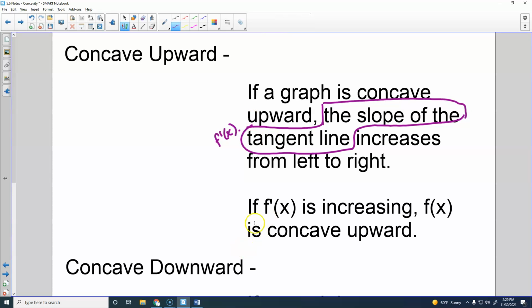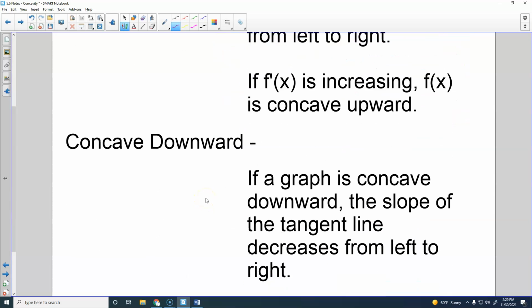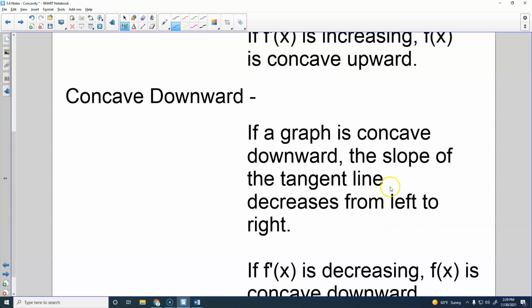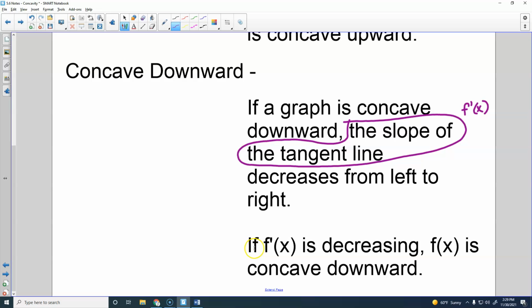So if f prime of x is increasing, then we know that f of x is concave upward. The opposite is true for concave downward. If the graph is concave downward, the slope of the tangent line, which is the derivative, decreases from left to right. Or another way we could say that to condense it down, if f prime of x is decreasing, f of x is concave downward.